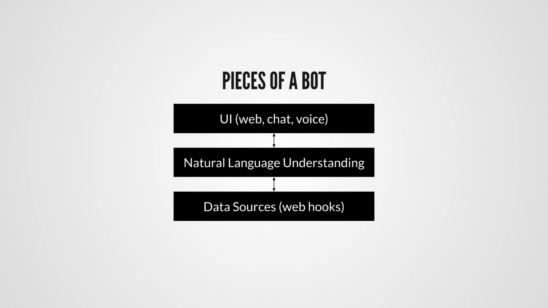Then you have this middle section, the Natural Language Understanding section, or NLU. That section is responsible for taking the text sentence and parsing it out into, okay, what action am I trying to perform? What information am I trying to collect? And what parameters are in that information request?